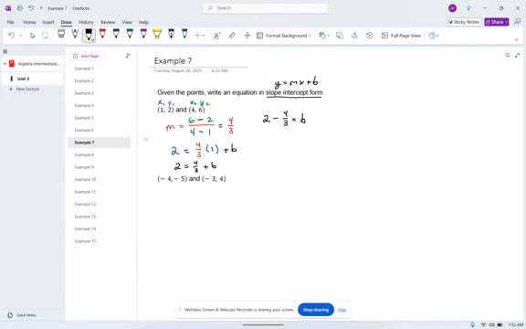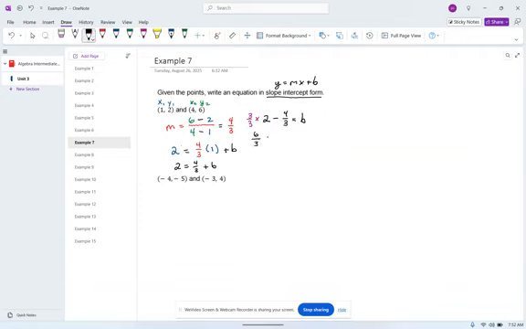Now, in order to do subtraction with fractions, you need to have the same denominators. And so I'm going to make the denominator 3. I'll multiply the 2 by 3/3. And that'll give me 3 times 2, which is 6/3.